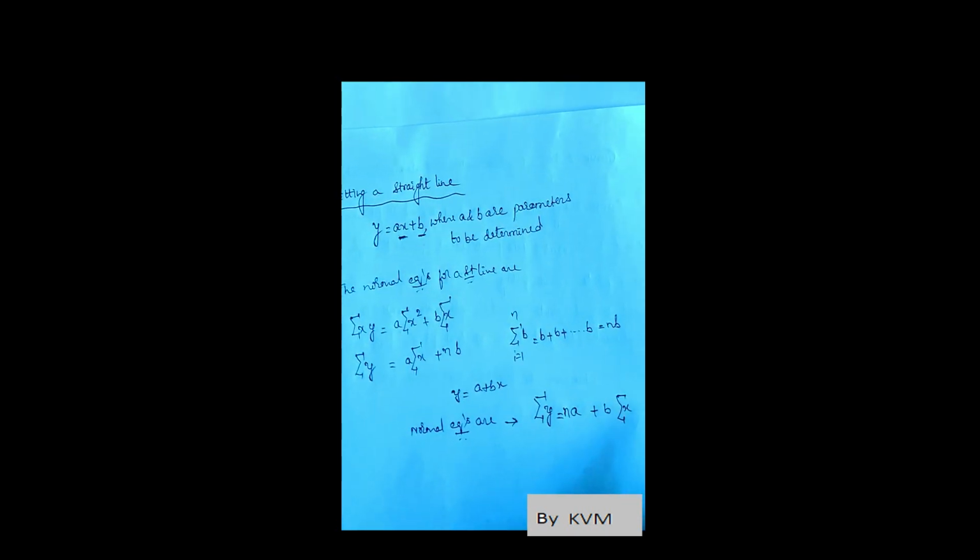Now take sigma on both sides. Sigma y equals sigma a, i from 1 to n, plus b into sigma x. It becomes n into a plus b into sigma x, since sigma a, i from 1 to n, is n into a.